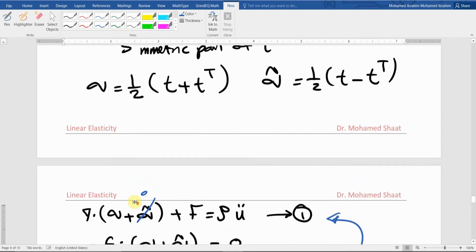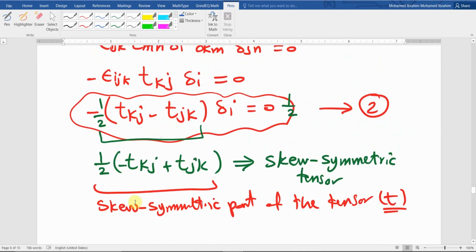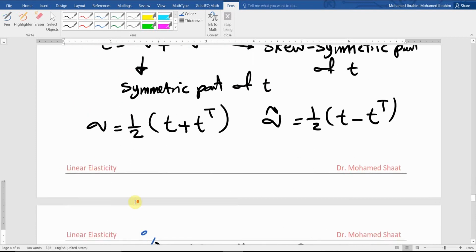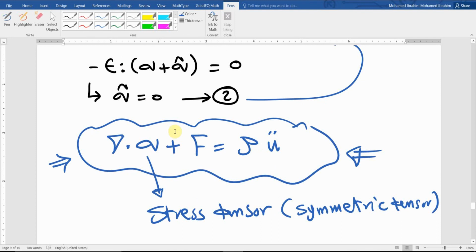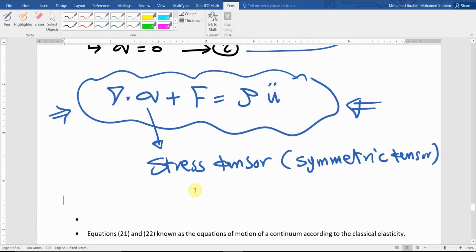So what I did here was start from the mechanics of particles and do the formulation until we ended up with the equation that we're going to use. Now what we would like to discuss in this equation: sigma is the stress tensor, and the equation of motion has nabla dot sigma, and F, which is the body force, and U, which is the displacement field, where rho U double dot is like the inertia force but per unit volume.